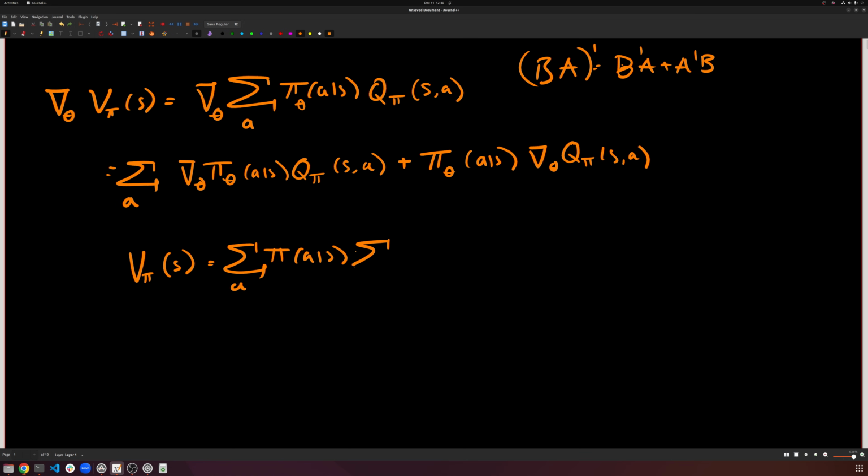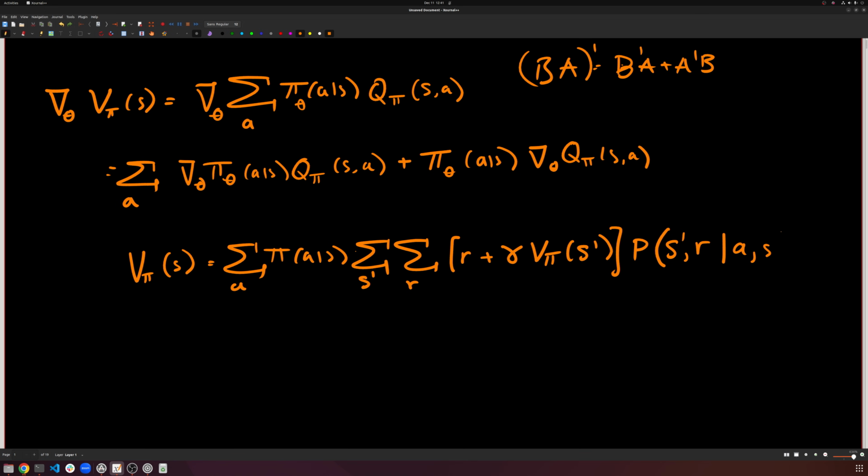It's the sum over the next states s prime, the sum over the rewards, of the reward plus the discount factor gamma times the value of the next state, because it's recursive, and then the transition probability: the probability of getting to state s prime and getting some reward r, given we took some action at that state. This is our standard Bellman equation, and all of this is basically our Q value of some state-action pair.